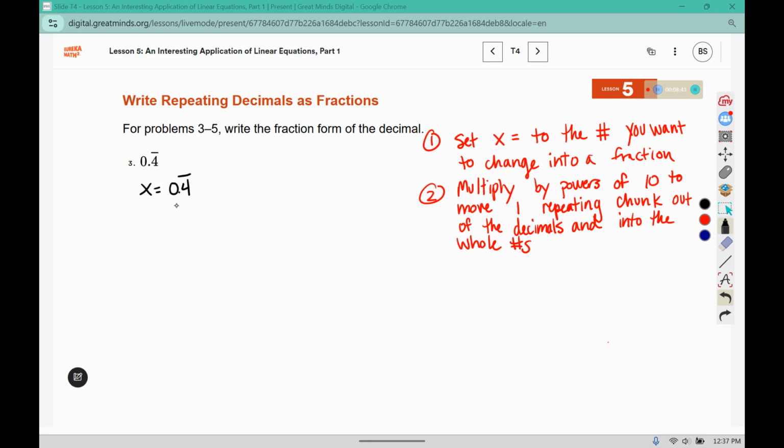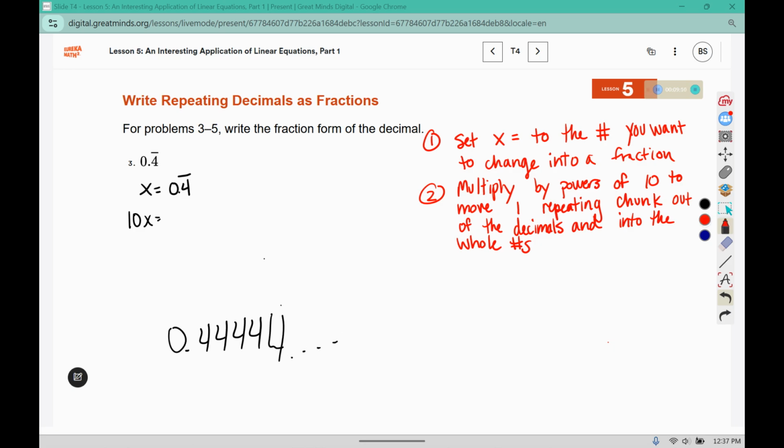So in this case, there's only one number that repeats. So to move the decimal to get that out of the decimals and into the whole numbers, we would multiply by 10 on both sides. Now that's going to move this decimal here, but it's repeating. So for example, it's 0.444444, and it continues on forever.